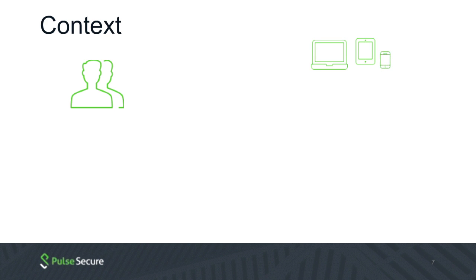And when we talk about those endpoints, they could be traditional desktops and laptops. They could be mobile devices, tablets, smartphones. We also have to deal with the variety of other endpoints that exist that are what we call headless, with no user piloting them.